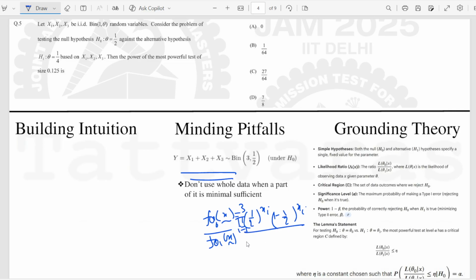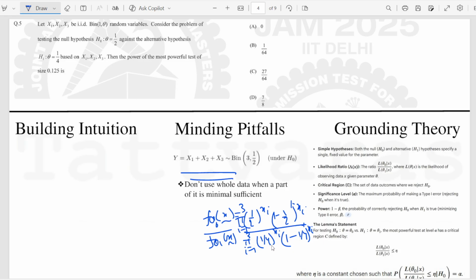It's going to be the same product, 1 by 4 to the power xi times 1 minus 1 by 4, sorry, here it would be 1 minus xi. So this thing you can see just simplifies to half cube. So that thing cancels. This thing just is a constant.